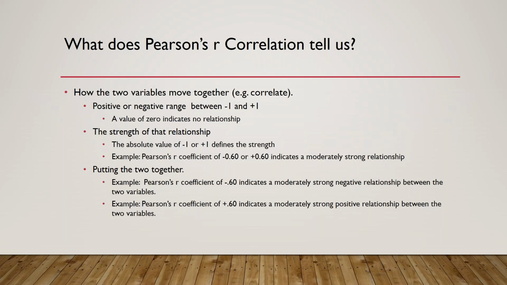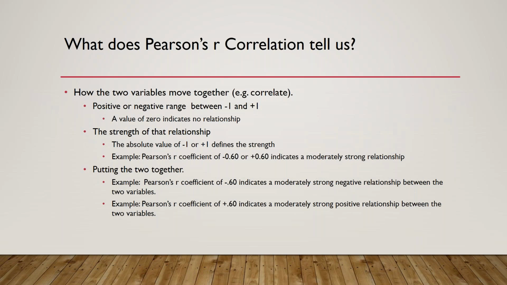So what does Pearson's r correlation tell us? Well, first of all, it tells us how two variables move together, or how they are correlated. As I mentioned in the last slide, there is a positive or negative range between -1 and +1. How close the value is to -1 or +1 will generally tell us if there is a correlation. Now, if it's close to 0 or at 0, that means there is no relationship. The first thing is the strength of the relationship. We want to take the absolute value of -1 or +1 to define the strength.